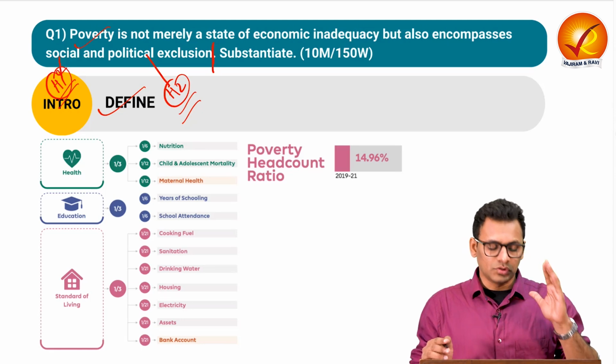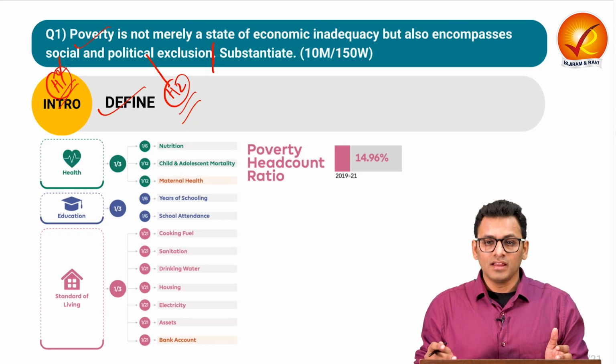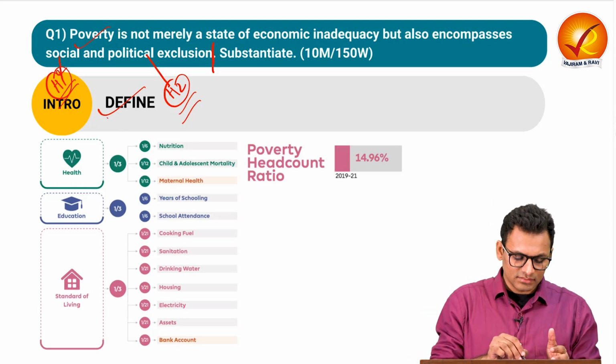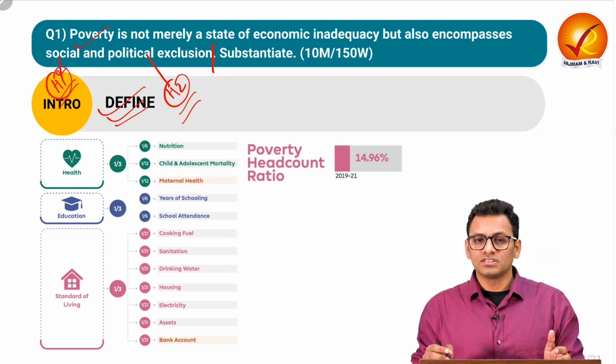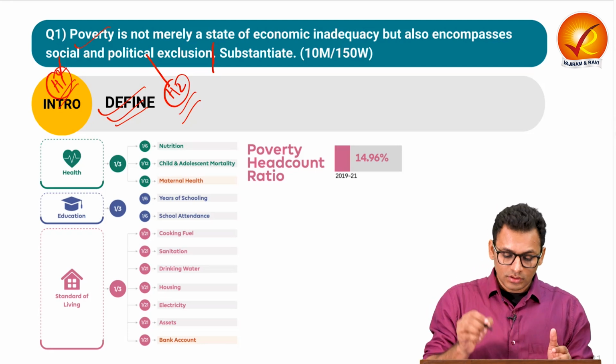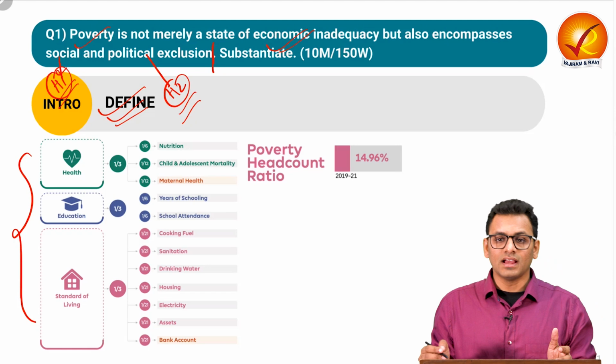Let us start with the introduction. In the introduction, you have the opportunity to define. You can define poverty as lack of access to basic necessities which can realize a dignified life. Apart from the definition, you can also talk about how poverty is not just about economic aspects but also encompasses different social and political aspects.